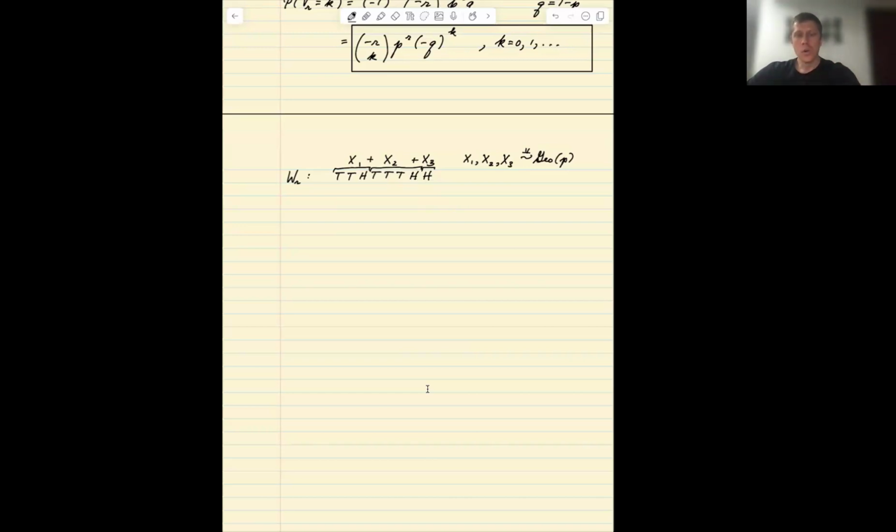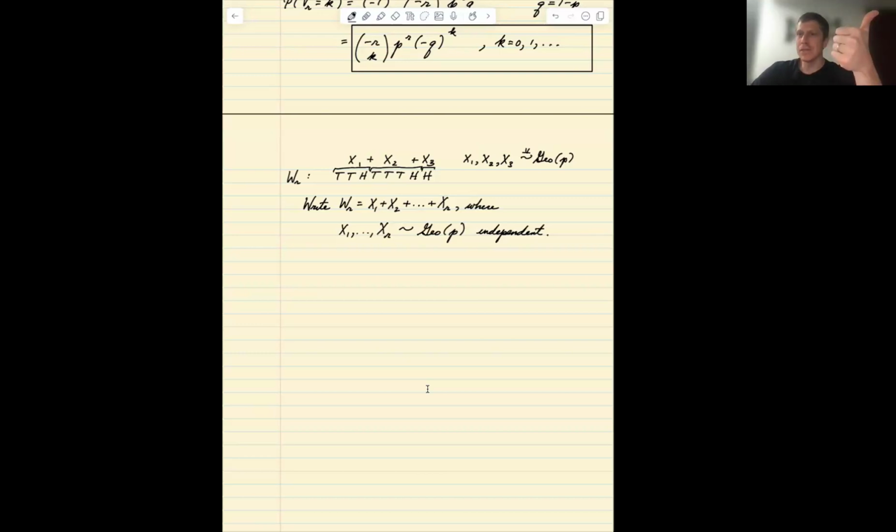So in general, we can write W_r as the sum x1 plus x2 up to x sub r of independent geometric p random variables. That's sometimes how I write it. And if we do that, well, what can we say then?